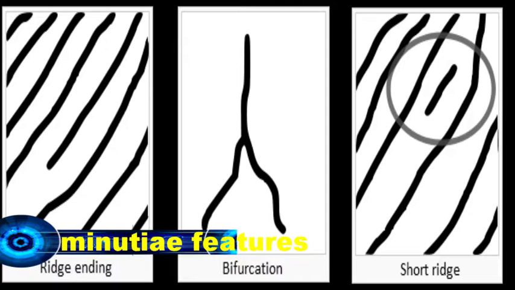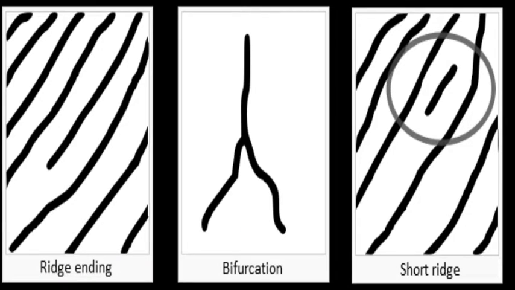The ridge ending is the point at which a ridge terminates, and bifurcations are the points at which a single ridge splits into two ridges. Short ridges are aggregates, and the significant shorter ridge length of fingerprint minutiae and patterns is very important in the analysis of fingerprint science. No two fingerprints have been shown to be identical.